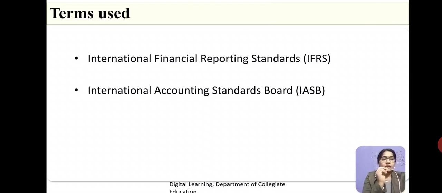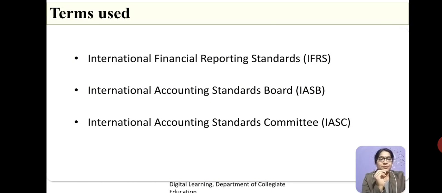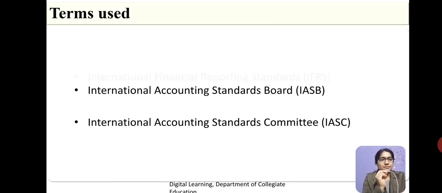What is it? What is the function? All that we'll discuss. So here on I'll be using the term IASB, which means International Accounting Standards Board. And we also have a term International Accounting Standards Committee. I'll be referring it as IASC.